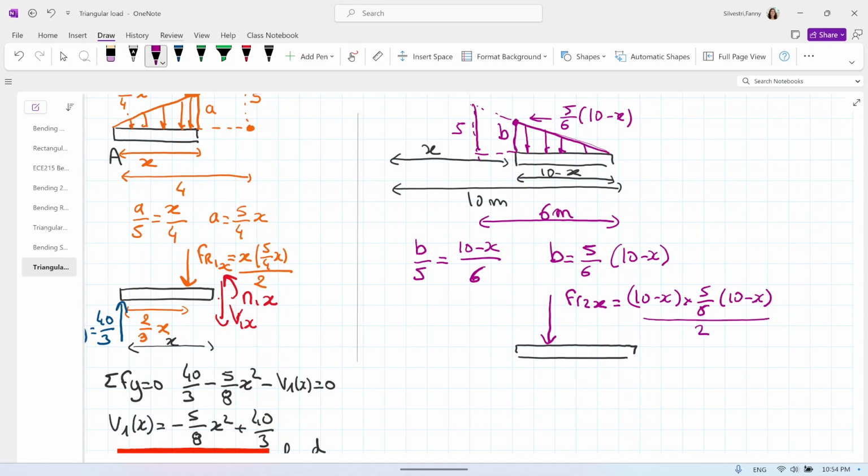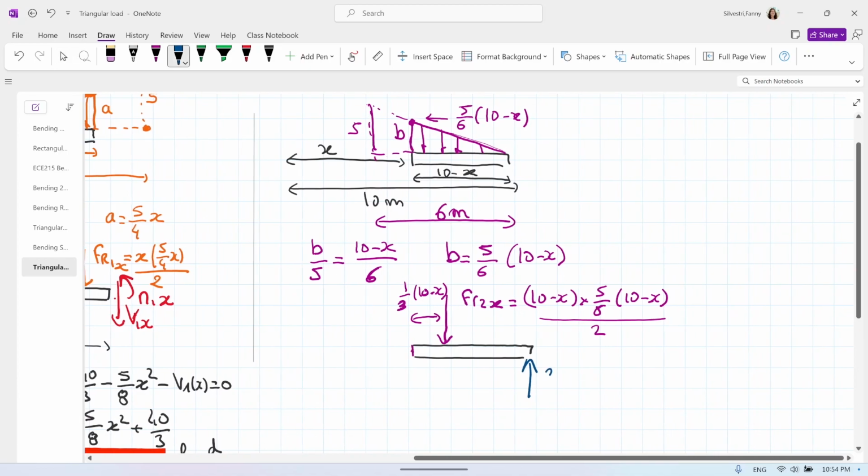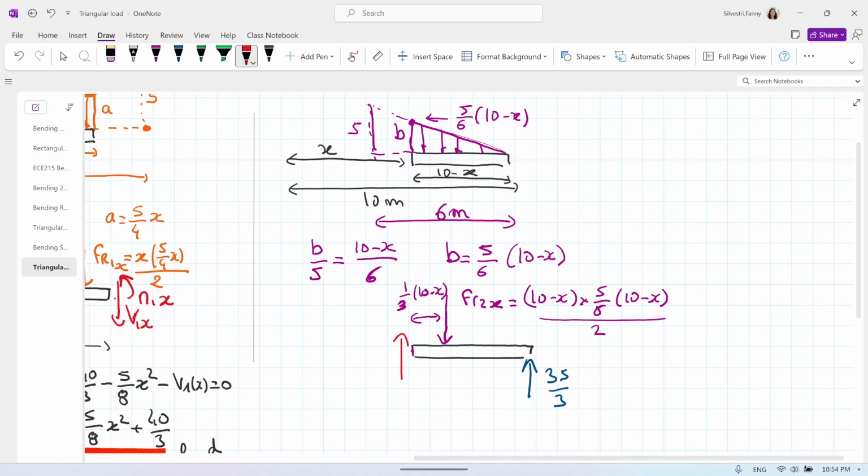Okay? And we will look at this distance from that side, because we will do x on that side. That will be 1/3 of 10 minus x, the total distance of the triangle. What do we have? We have by, that is 45/3. Let me double check. 35/3. And we have our unknowns. We are on the left, so V2 is up, and M2 is counterclockwise, negative.